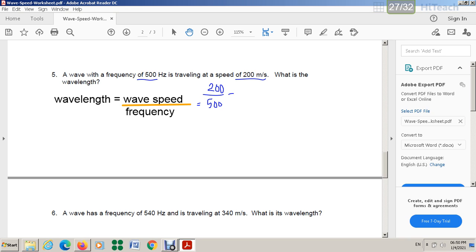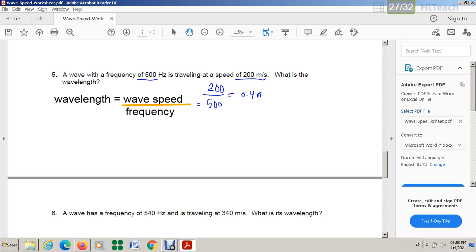So here the wavelength is equal to 2 over 5, which is going to be 0.4. What is the unit of wavelength? Meter. Okay, so this is for this one.